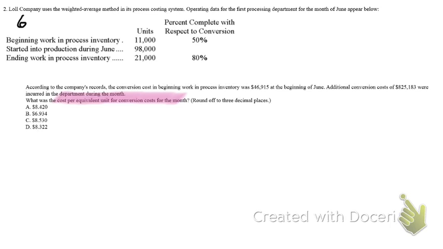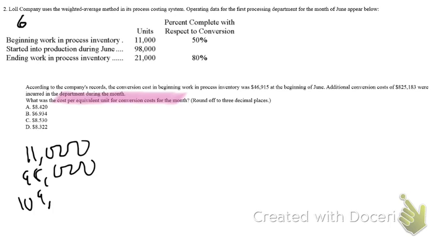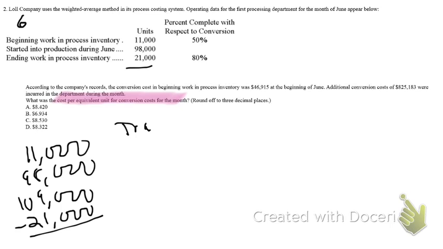I began the month with 11,000 units. I started 98,000, so I need to account for 109,000. Okay, and there's 21,000 still sitting there. So I take 109,000 minus the 21, and that tells me the transferred out was 88,000 units.